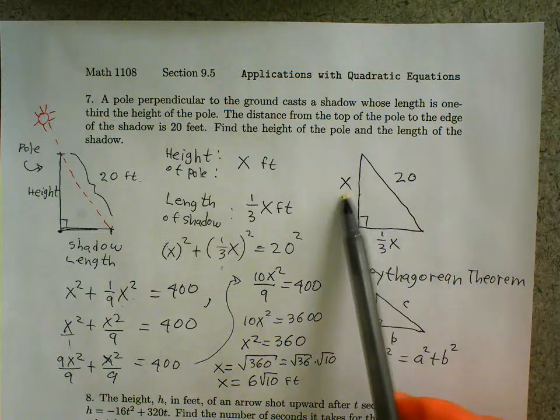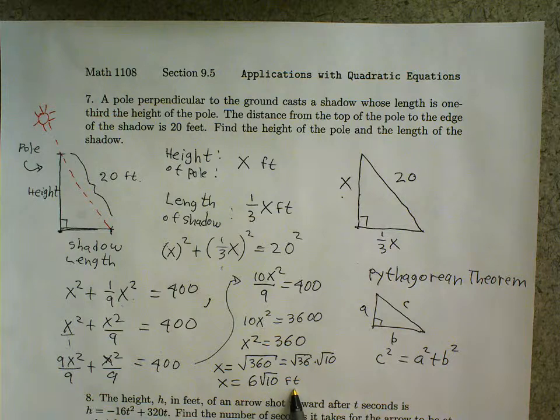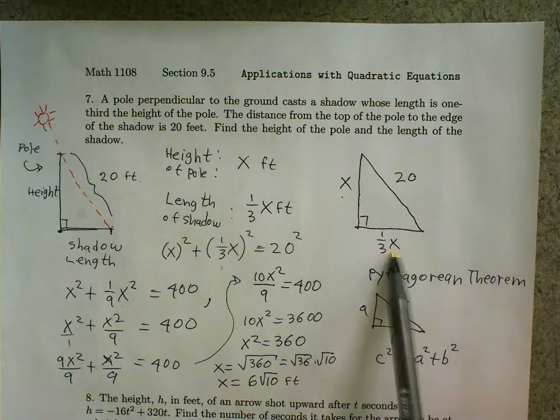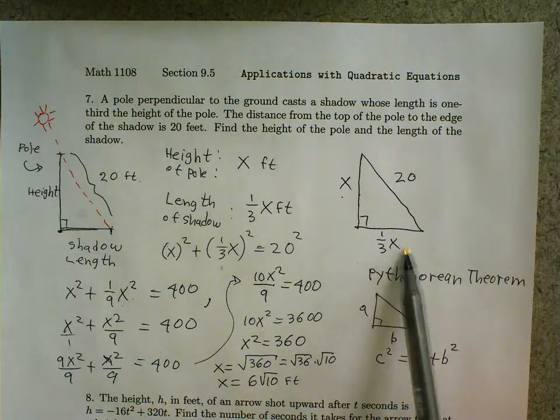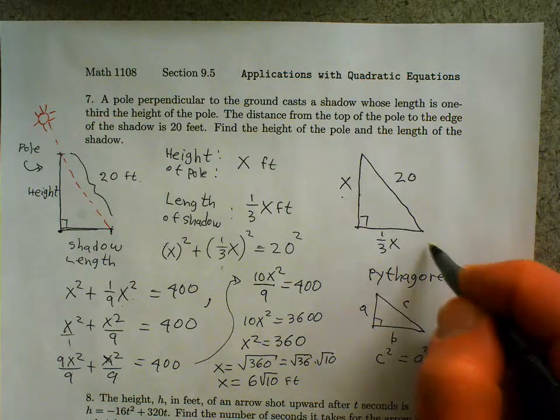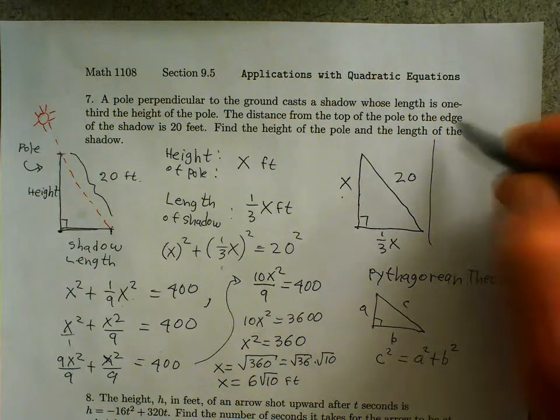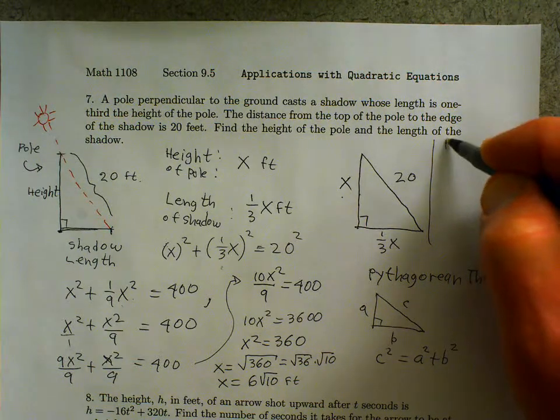Okay, so the height of the pole is 6 times the square root of 10 feet. The shadow is 1/3 x. So where should I write it? Up here we'll write the pole height.